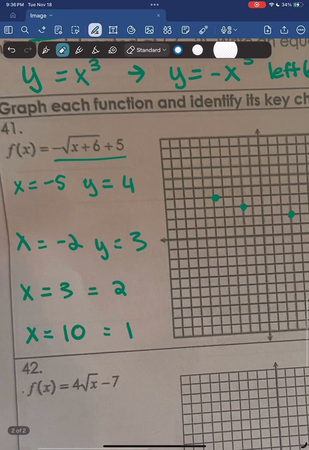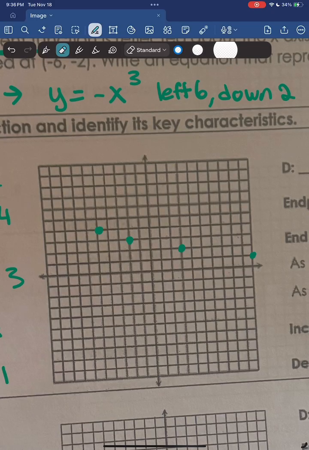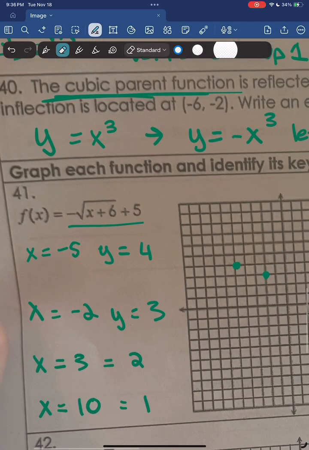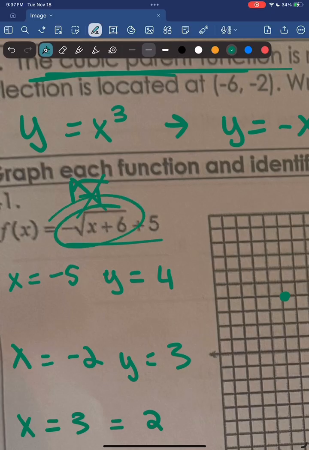So here's where the domain is going to start coming in, right? So we know that for root functions, you cannot have a negative number inside the root, right? So what this is saying right here is that the x value can never be lower than negative 6.